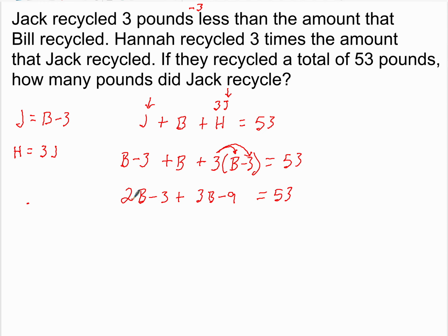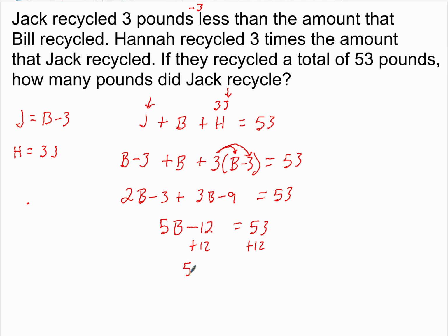Okay, well 2B plus 3B would be 5B, and then a minus 3 and a minus 9 is minus 12. That equals 53. Now I can add 12.